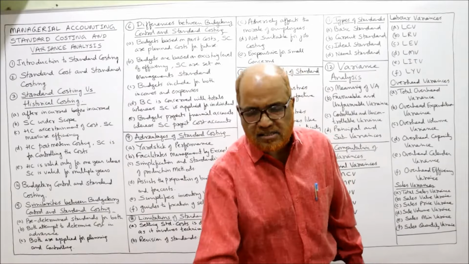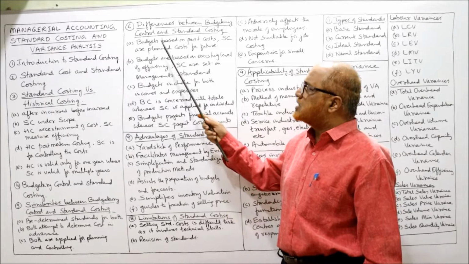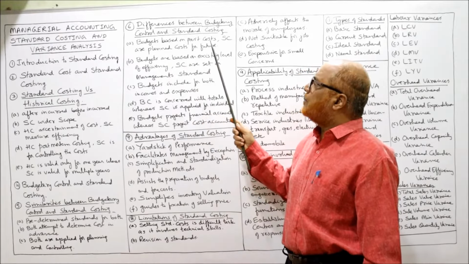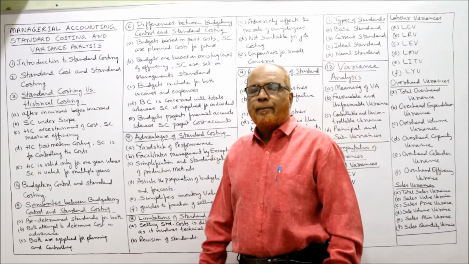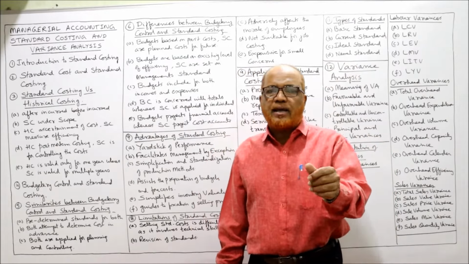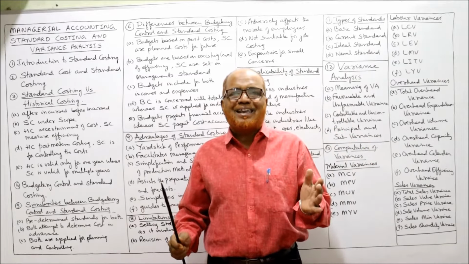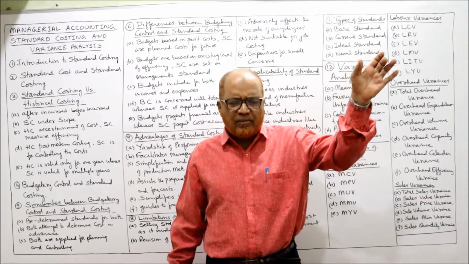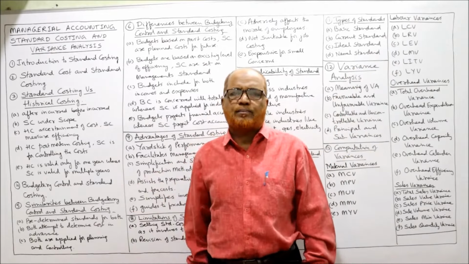But what are the differences? Now differences I am going to explain you between budgetary control and standard costing. First one, budgets are based on past costs, standard costs are planned cost for future. Budgets are prepared according to past performance. So simply budget is a technical matter. Simply previous year's data we are using to make the projections for the future.